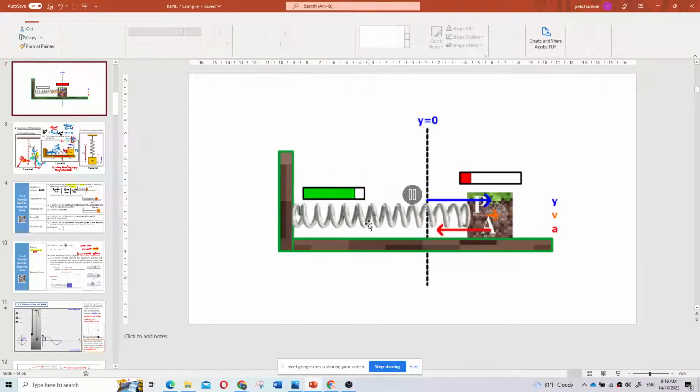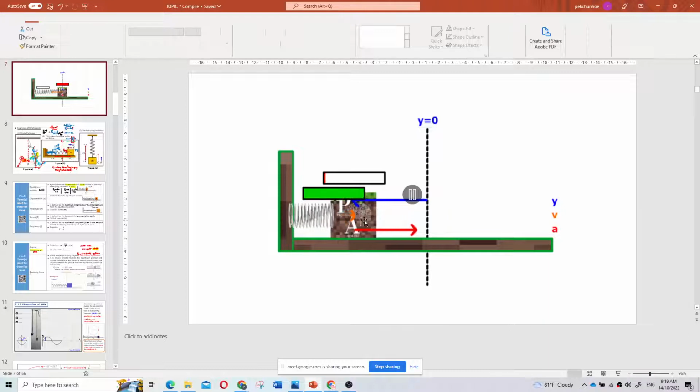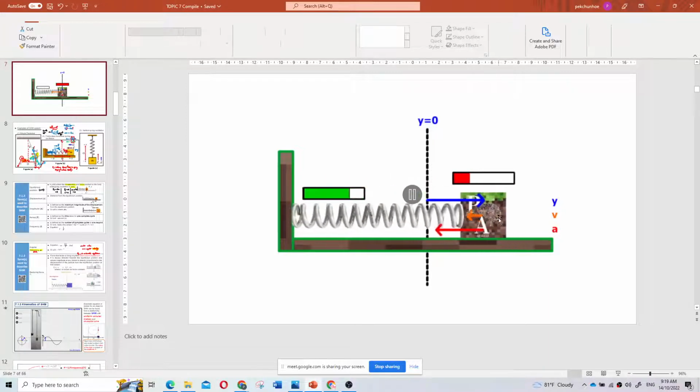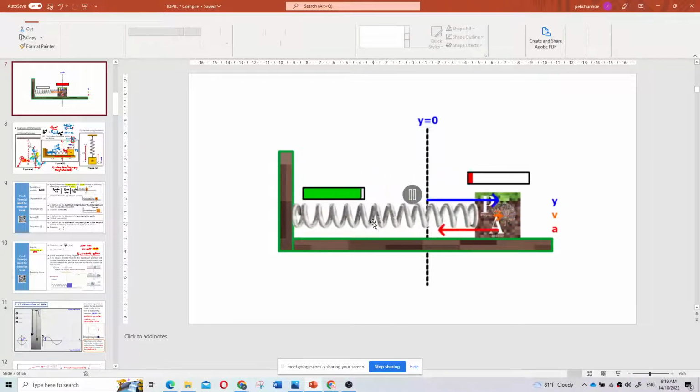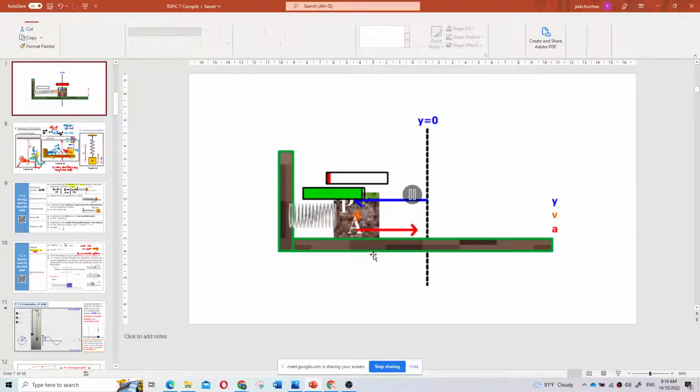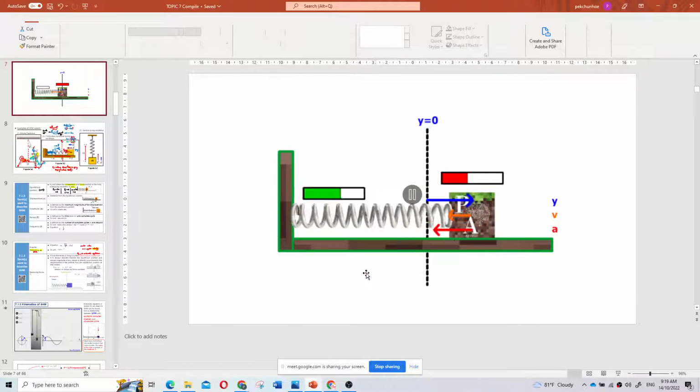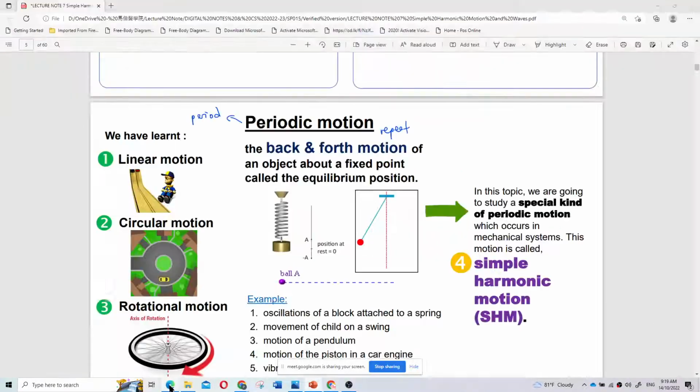Do you notice that? So the second time it repeats the motion, it also finishes the motion in the same time, and the third time as well. We call it the period. Understand? So it is a periodic motion. That means it always repeats itself, and the time to complete the motion is always the same, which we call the period. It has a specific time.